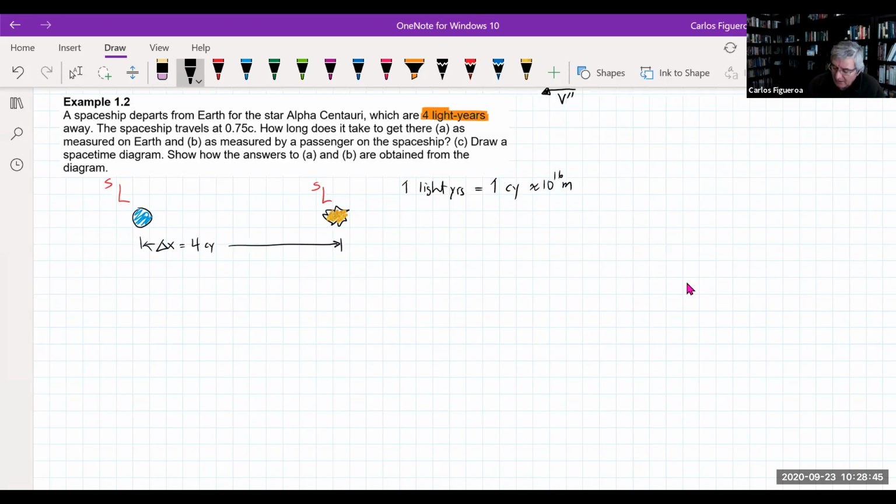That's pretty far, of course it is. So I'm going to call this AC for Alpha Centauri, and I'm going to call this one Earth, of course. And we know that the spaceship is traveling just because it's telling us that the spaceship is traveling.